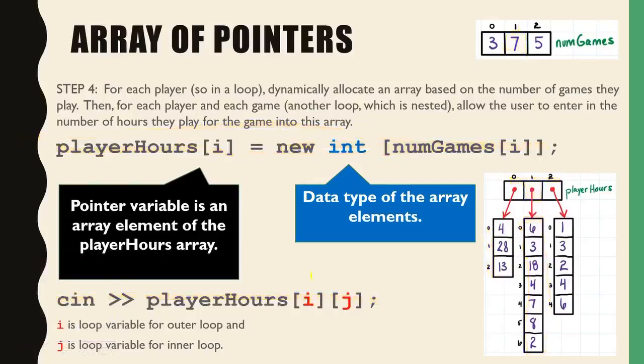If i is 1, let's say, and j, let's say, is 2, then where is that going to be entered? Right here, just so you get an idea.